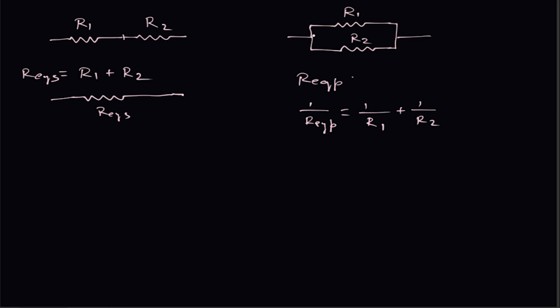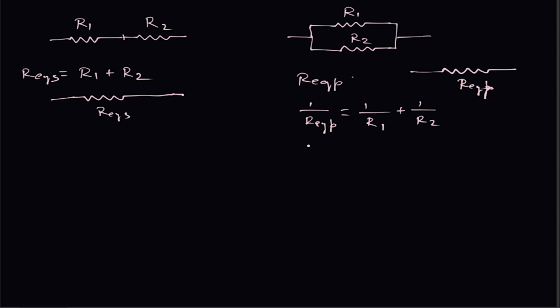But in this case, when they are connected in parallel, let their equivalent resistance be R EQP, P for parallel connection. What will be this resistance? These are related by this equation, 1 by R EQP is equal to 1 by R1 plus 1 by R2, which we just learned.